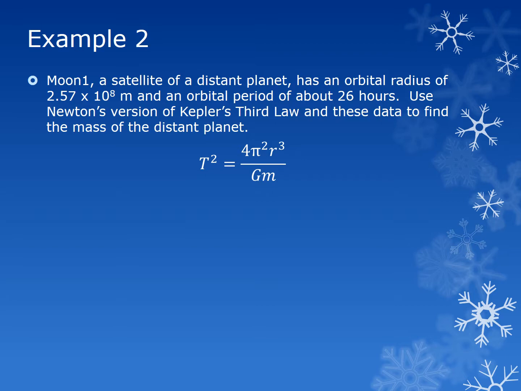So first thing I notice about this, we have our givens. We have two very important givens, 26 hours and an orbital radius. The radius is given to us in meters, which is good because we always want things in meters, seconds, and kilograms, especially. But we are given a period of 26 hours. That one's no good. We need to change that into seconds.